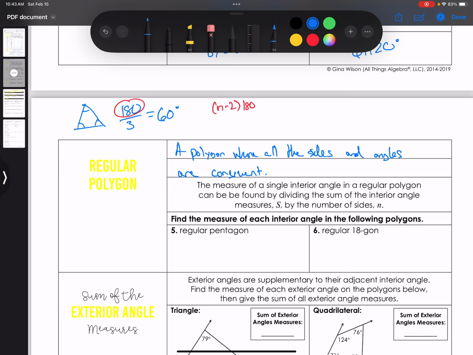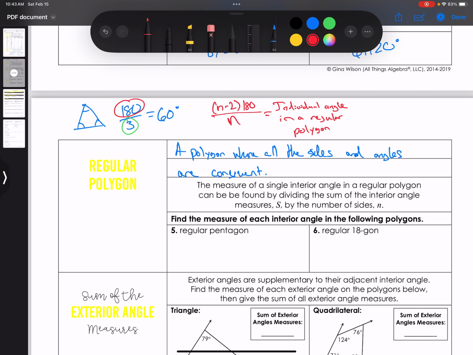But where do you think this divided by 3 came from? Well, there were three angles, or there's also three sides. So right here, we can also divide by the number of sides, and that will give us the individual angle in a regular polygon. So this is a new formula.